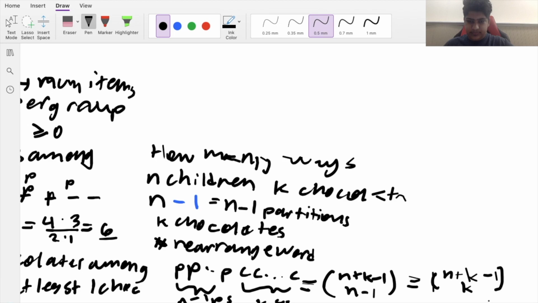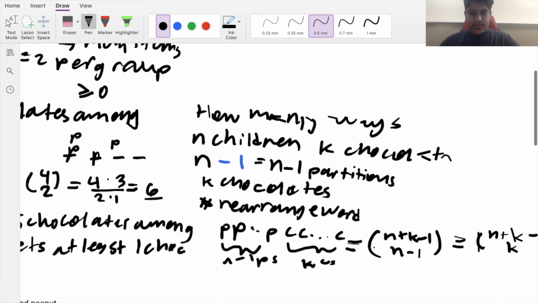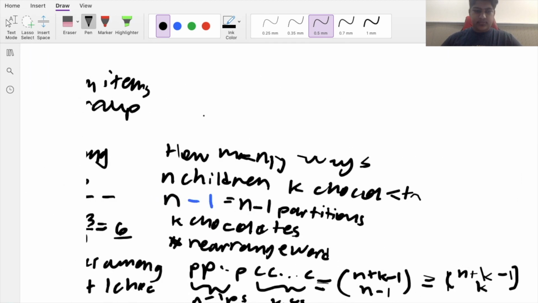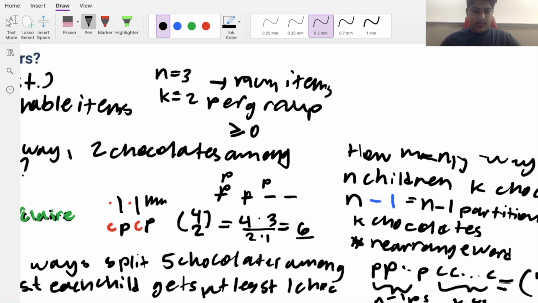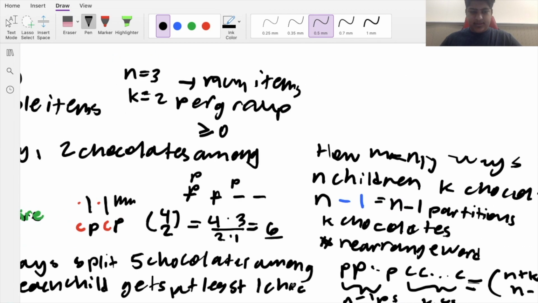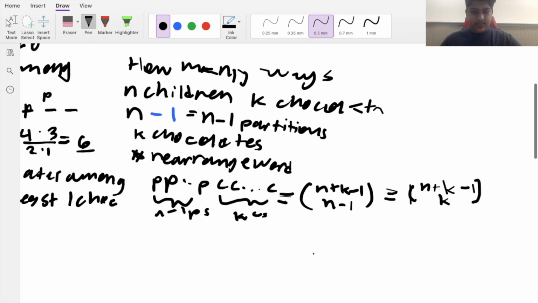Alright, so now that we've gotten an intuition for this problem, let's try working on this problem where there's at least one chocolate. So let's get a bit more of a clear screen.